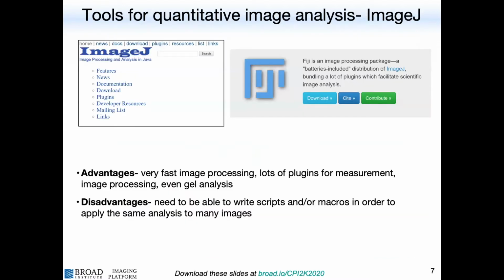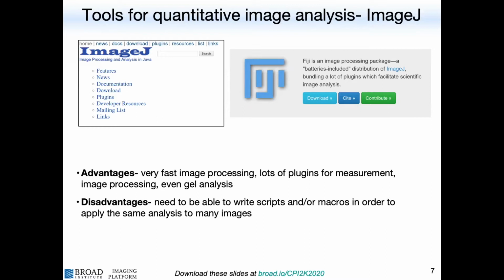There are a lot of image analysis tools out there, and we are not claiming that CellProfiler is the best software for every job, because we know that there are a lot of good tools out there with advantages in some areas. Most of you have probably used or heard of ImageJ or Fiji. It's very fast, and has a lot of plugins for almost any experiment you want to do.